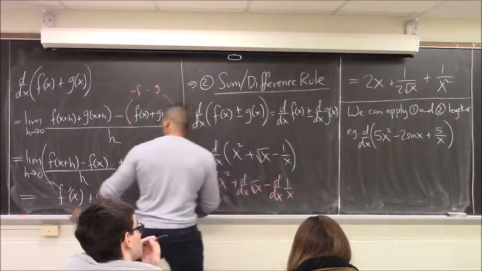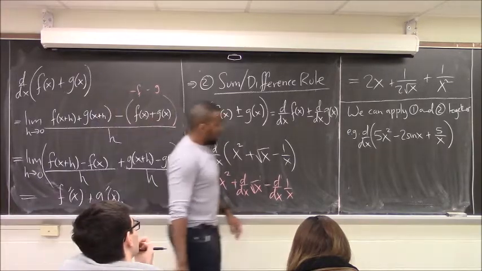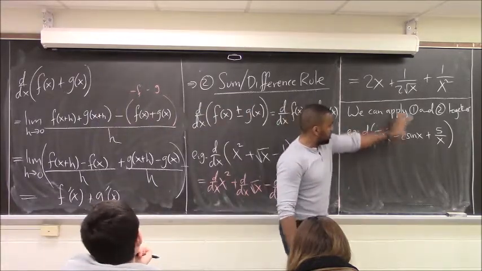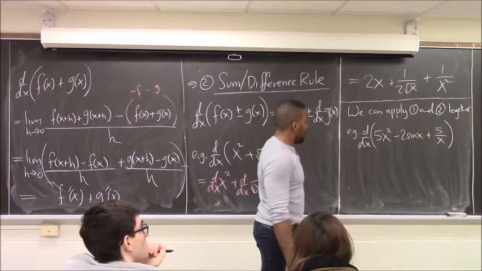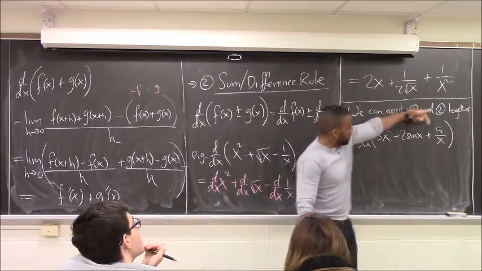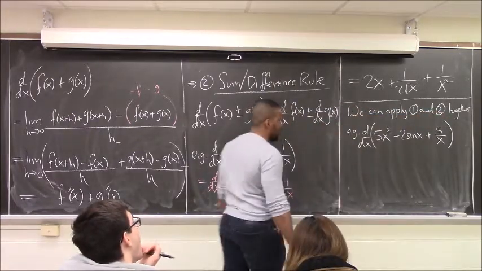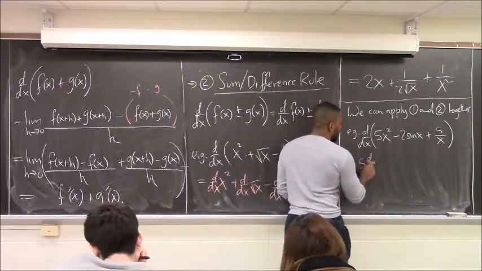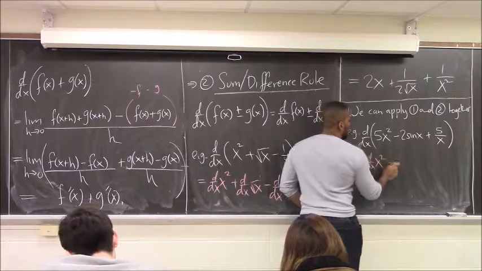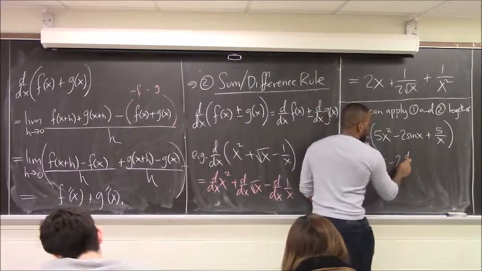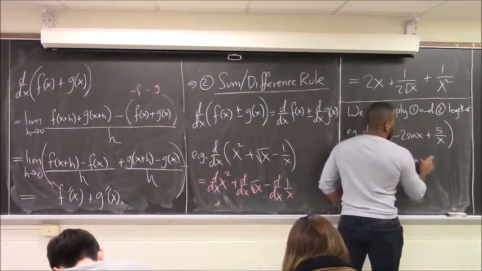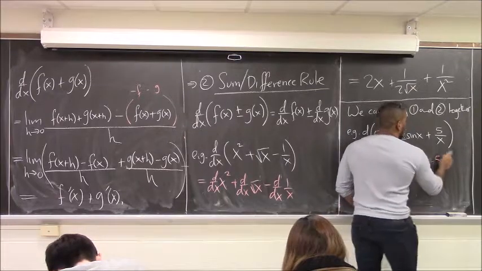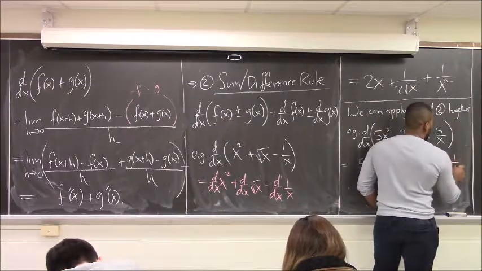And by the sum rule, I can think of this as the derivative of each individual function, and then the constants in front, by the constant factor rule, I can factor those off. So you can think of this as 5 times the derivative of x squared minus 2 times the derivative of sine x plus 5 times the derivative of 1 over x.